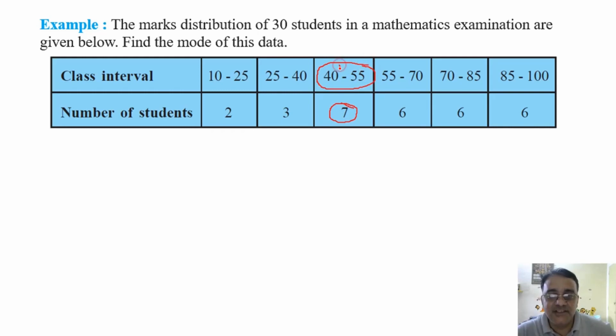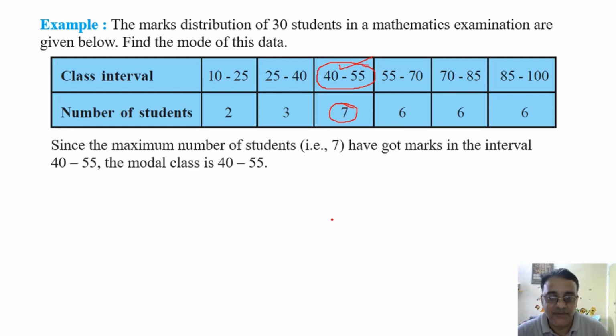Right, so this is the modal class. So we'll start with that step only. Since the maximum number of students have got marks in the interval 40 to 55, the modal class is 40 to 55. Now what is the lower limit of this class? 40. So L is equal to 40.